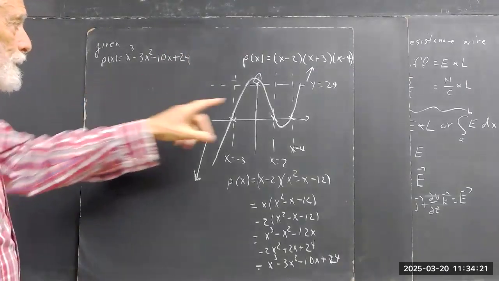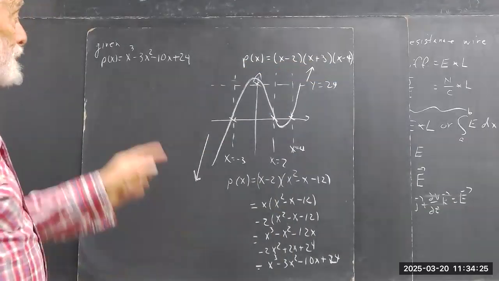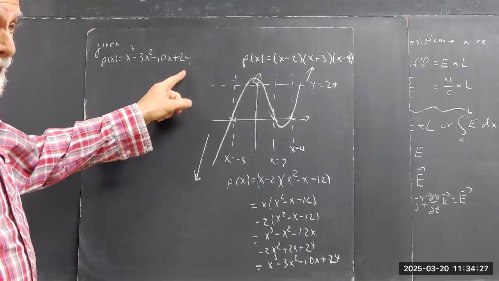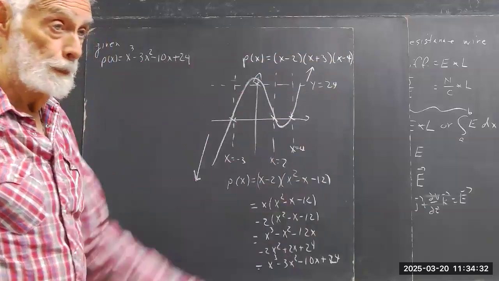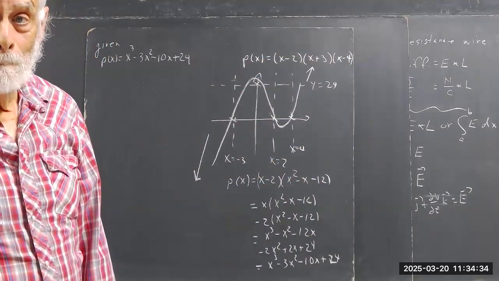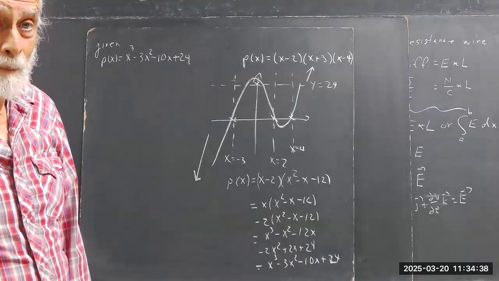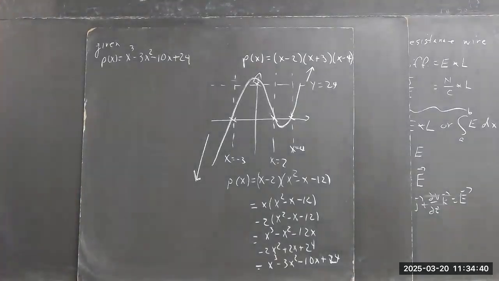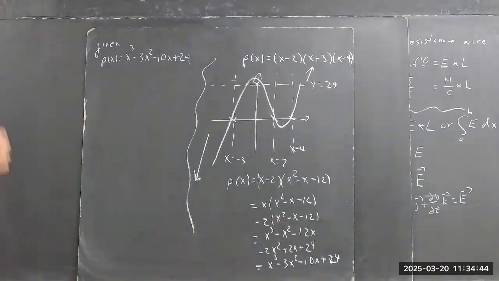How do you graph it if you don't know how it's factored? Can you factor that? Can you figure out that this is equal to this, if you didn't already know it? Really not. In general, there's no easy way to do that.